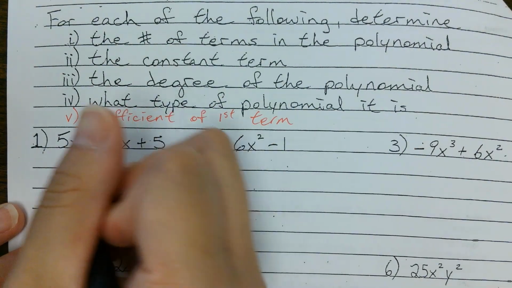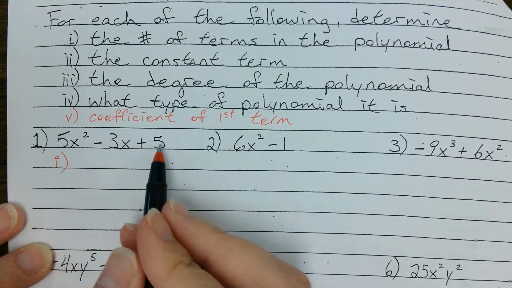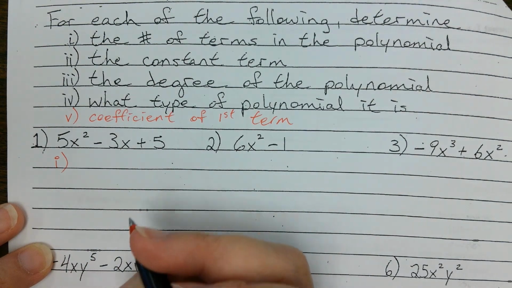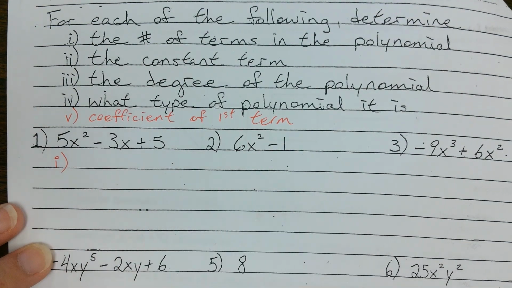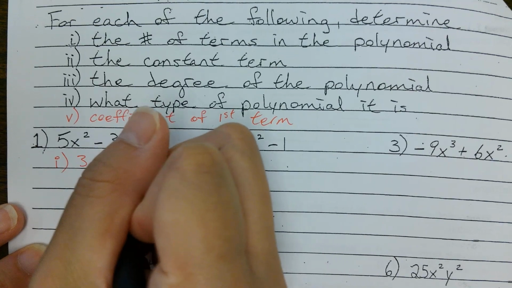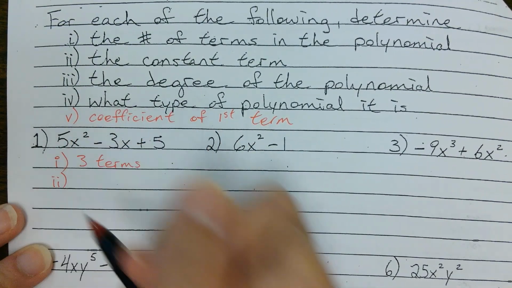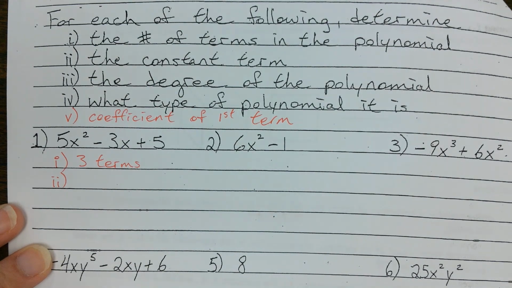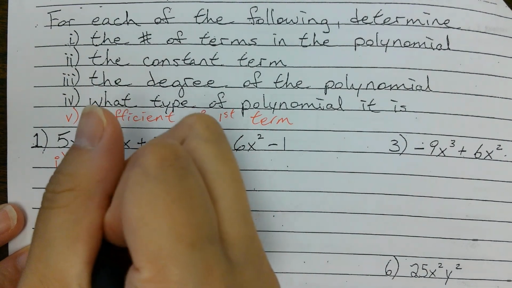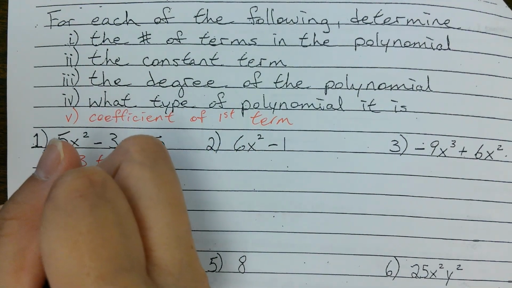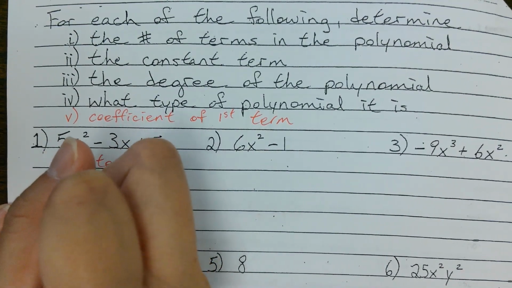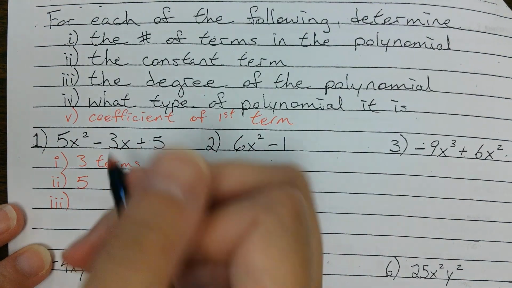So, number of terms in this polynomial. Yeah, 3 terms. The constant. What's the constant? Yeah, say it out loud. 5. What is the degree of this polynomial? 2.